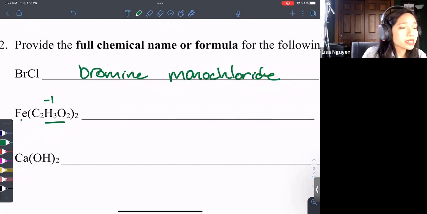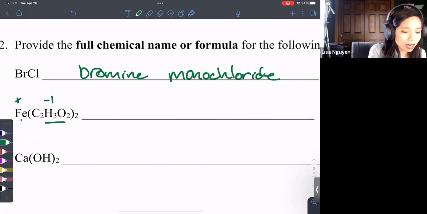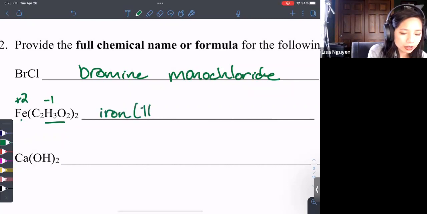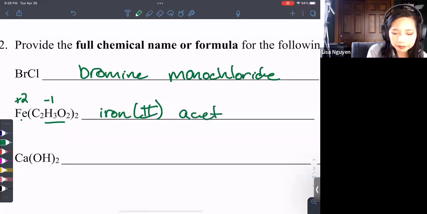Since our anion charges are always very predictable, whether it's a non-metal or a polyatomic, I can figure out what the charge of iron is based upon how many anions I have. I know that iron has to be +2 in order for this to be charge neutral. So I'm going to call this iron(II) acetate.